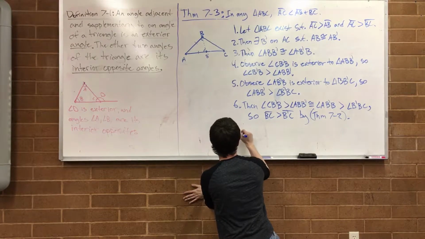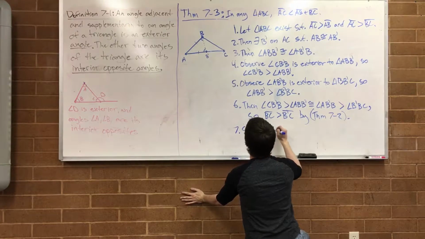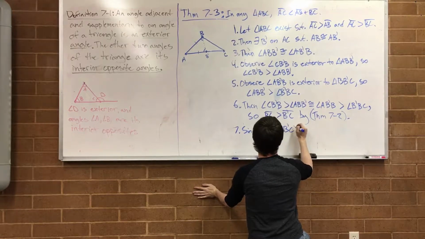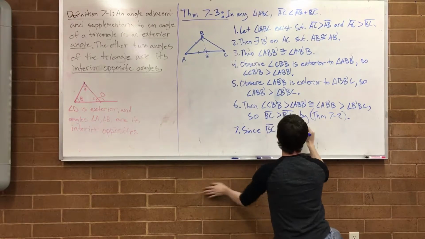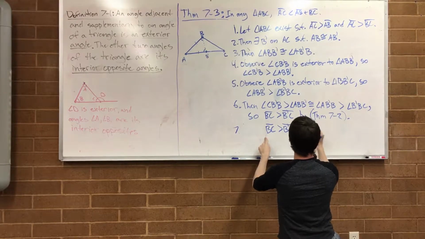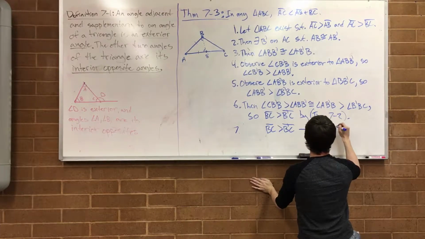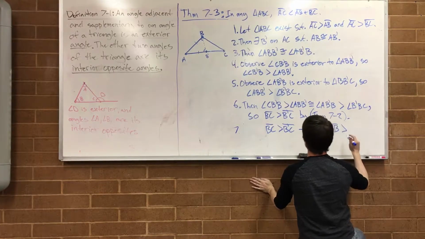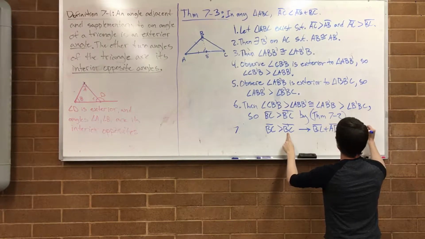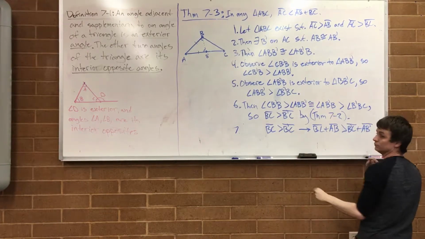So 7, since BC is greater than B prime C, well, we'll just say it this way. That implies BC plus AB is greater than B prime C plus AB prime, right?